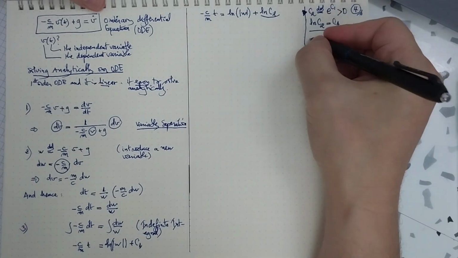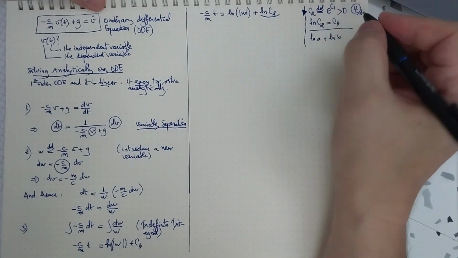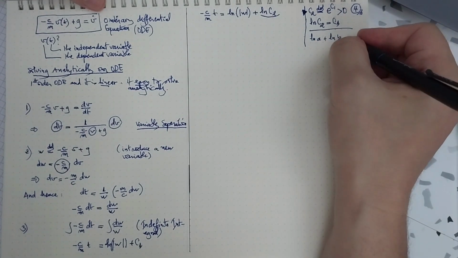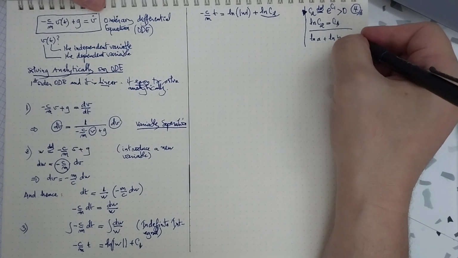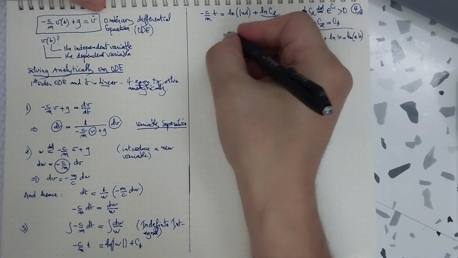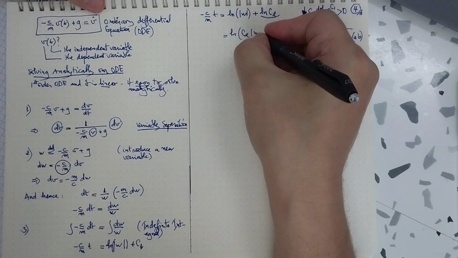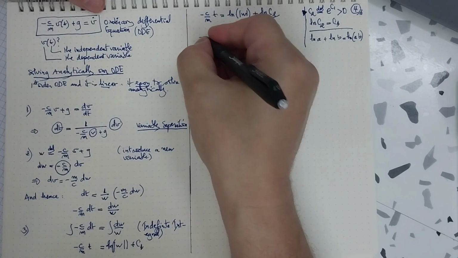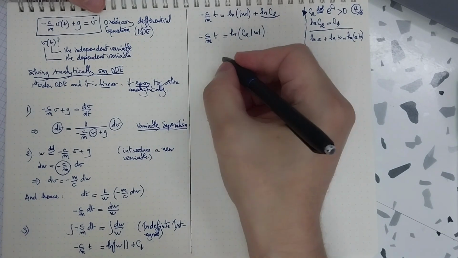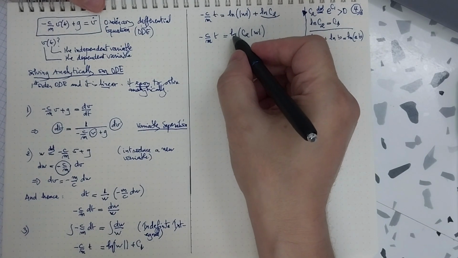So ln of A plus ln of B, two positive numbers, equals ln of AB. So we can combine them both and we get C2 times the absolute value of W equal to minus C over M times T. And we know also the opposite, because we want W as a function of T. We know the inverse of ln.